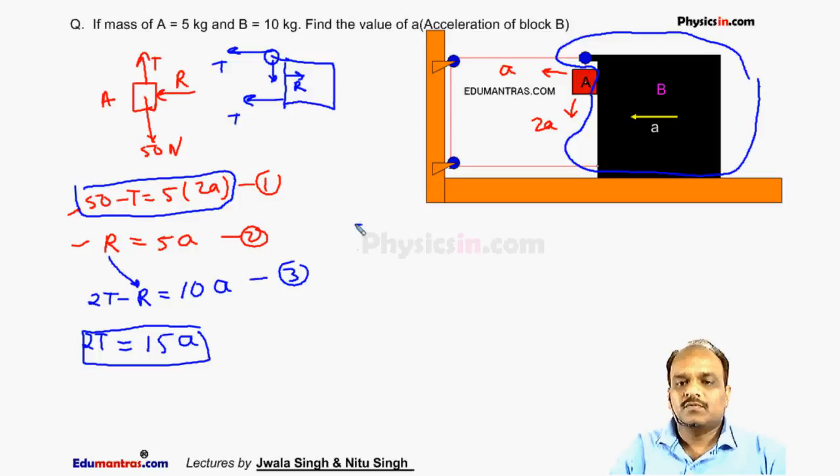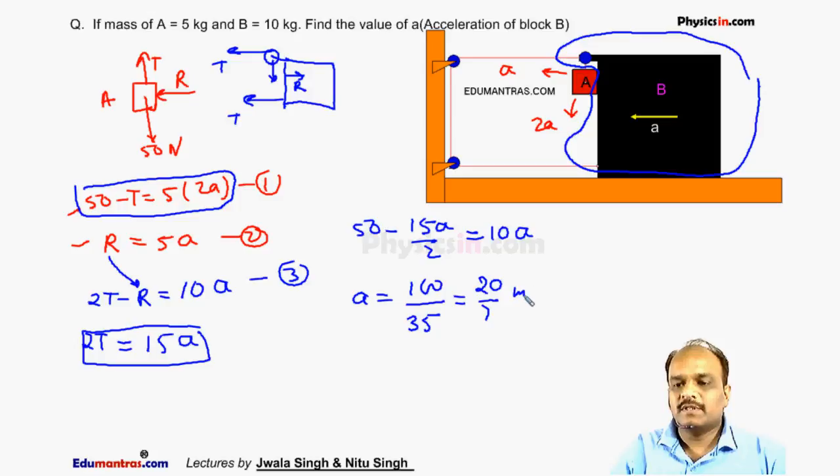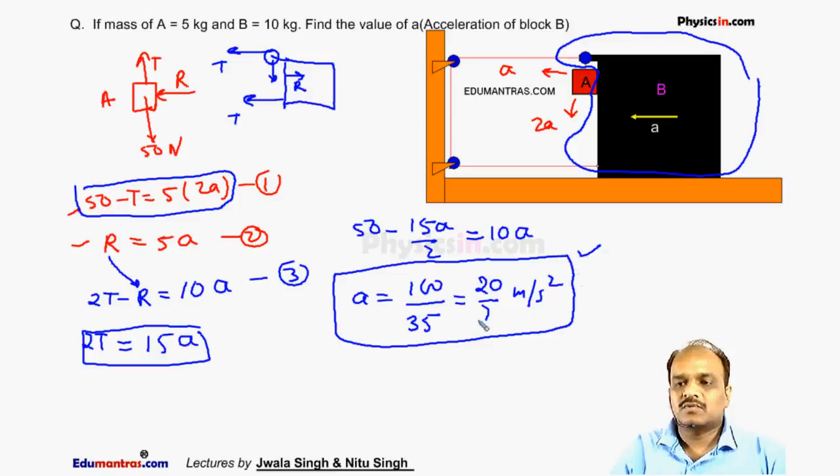So we get 50 minus 15A by 2 equal to 10A, or A comes out to be 100 by 35, that is equal to 20 by 7 meter per second square. So the acceleration of block B is 20 by 7 meter per second square, and this is the answer.